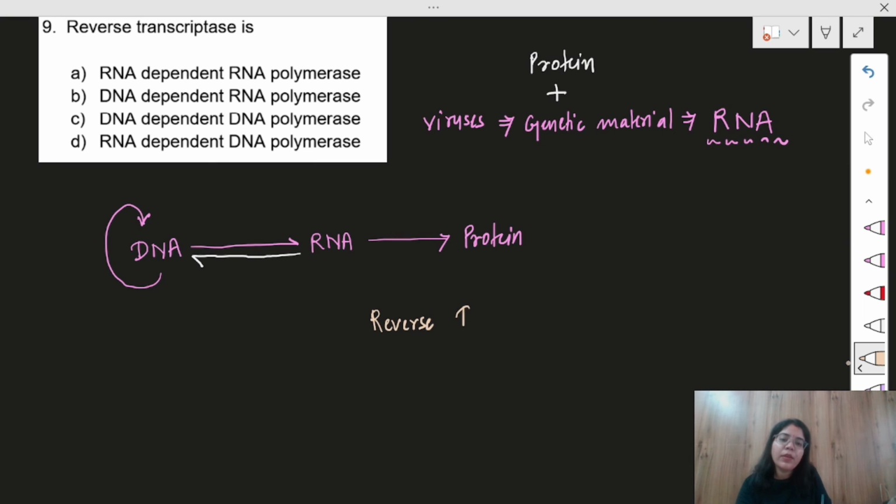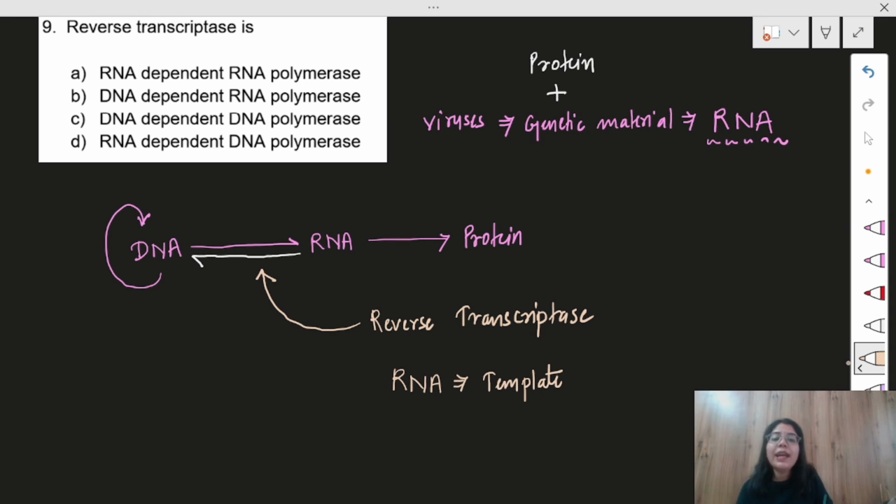Reverse transcriptase is the name of that protein. This reverse transcriptase allows the reaction where you make DNA from RNA. So who acts like a template? RNA acts like a template. And what are you polymerizing here? DNA.